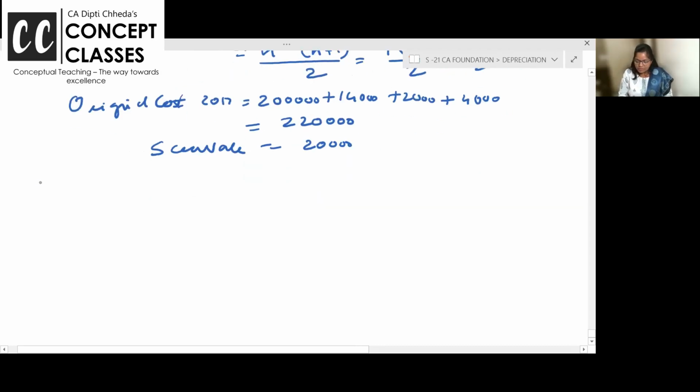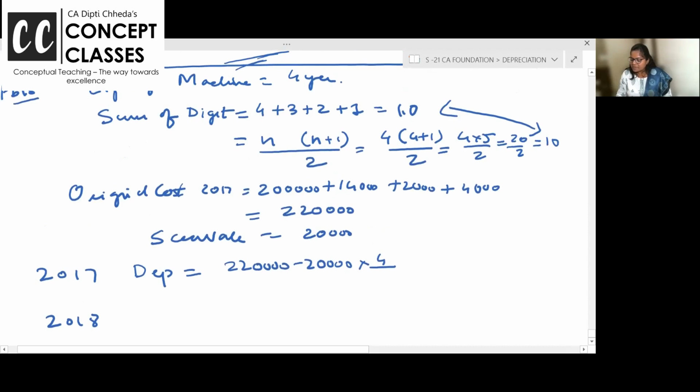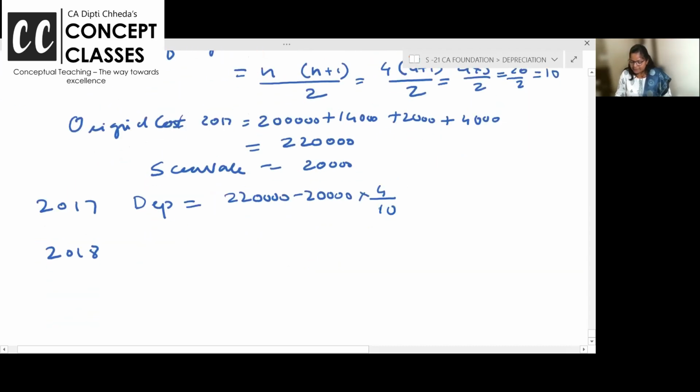Now I have to charge depreciation for 2017-18. So 2017 के लिए depreciation is 220 minus 20 scrap value into sum of the digits 4 by 10. How much is it coming? Same problem. Just you have to understand and do 2 lakh into 4 divided by 10. 80,000.